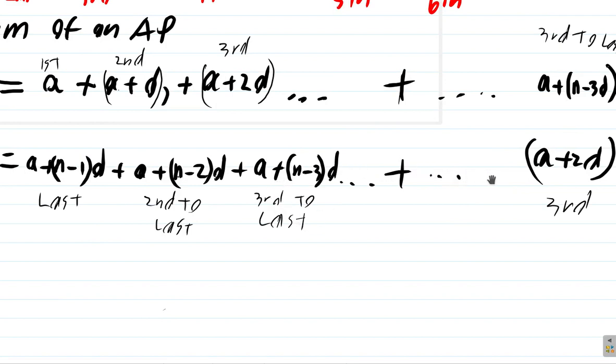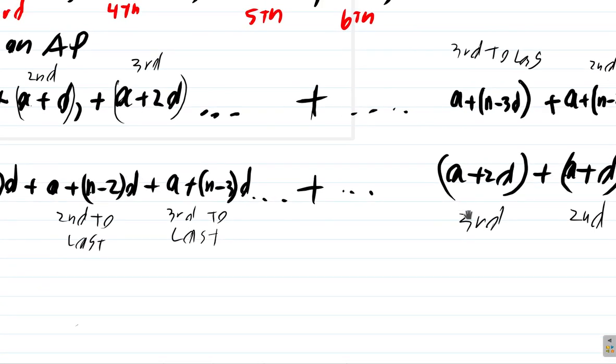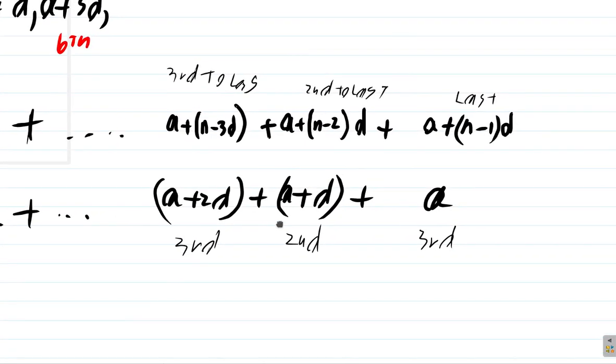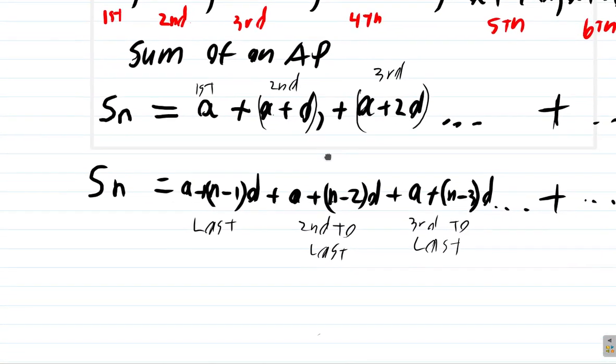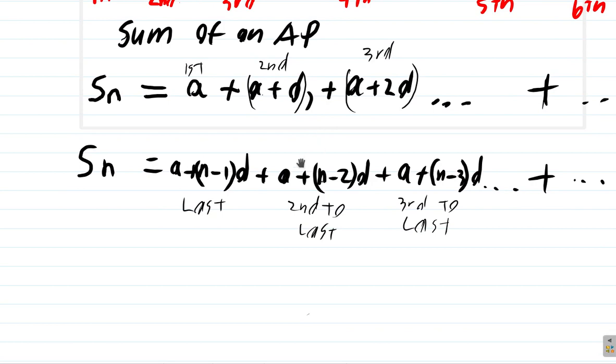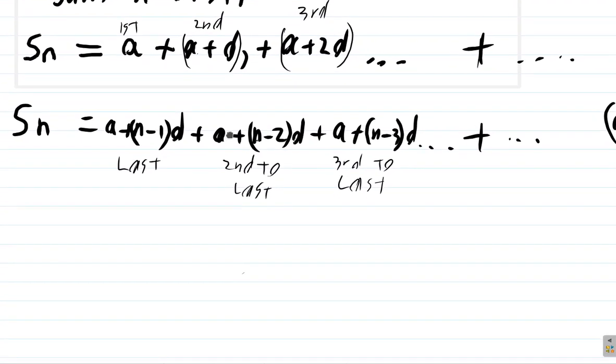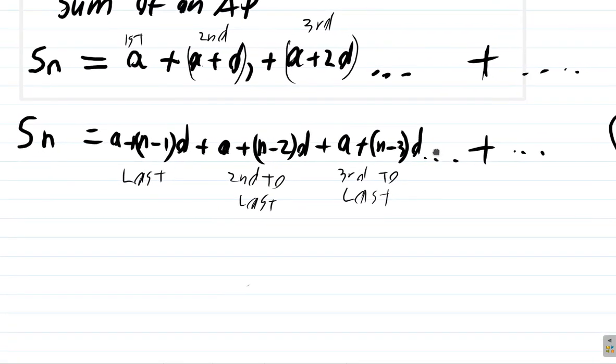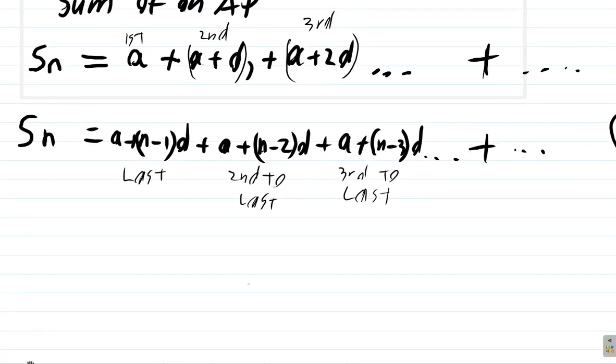We leave some out, plus, and then we go down to the third term, second term, first term. It's the same sum, just that we put these like this. Now, we're going to add them. We're adding these terms now.